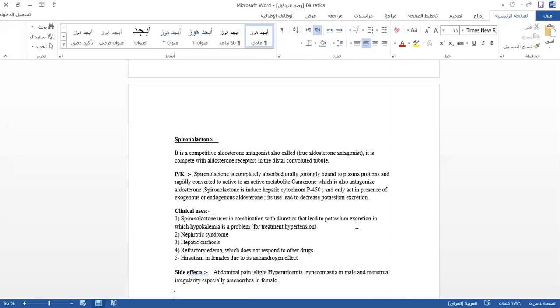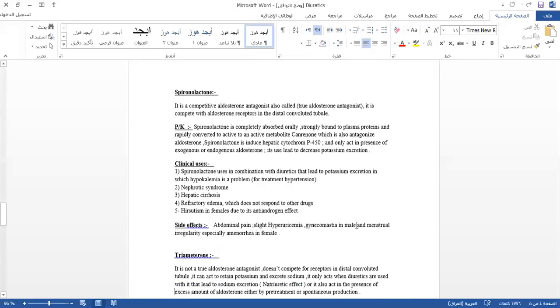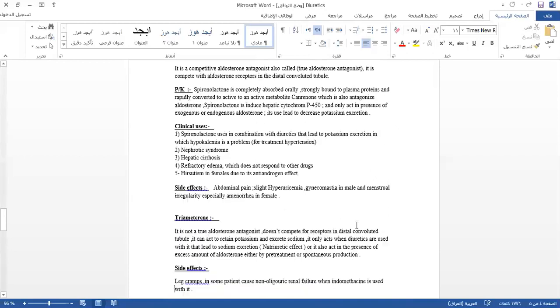and it can also be used for hirsutism in females because spironolactone also has an anti-androgenic effect. The anti-androgenic effect can be useful in the treatment of hirsutism in females, abnormal hair growth. Side effects of spironolactone: abdominal pain, slight hyperuricemia, gynecomastia in males, and menstrual irregularity, especially amenorrhea in females.